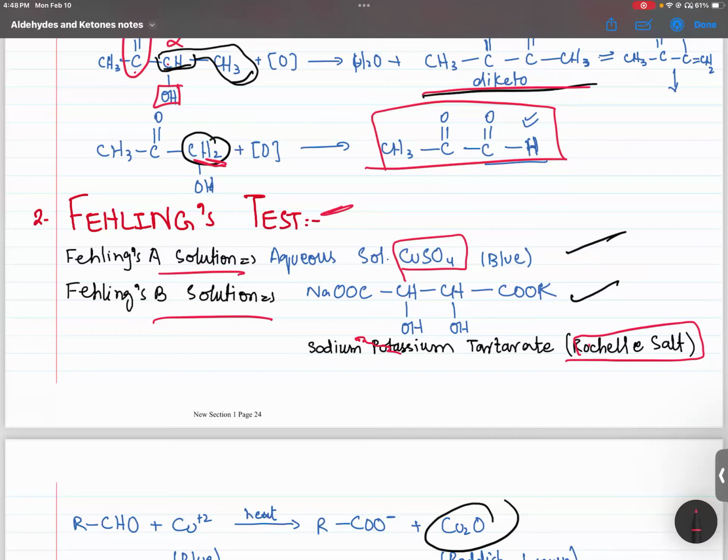So these are basically the Fehling A and Fehling B solutions for you.